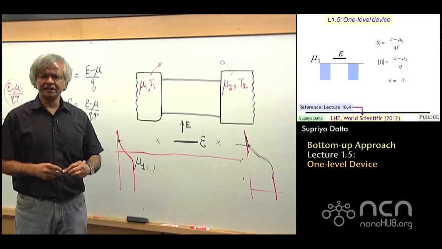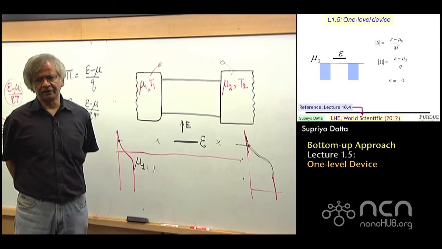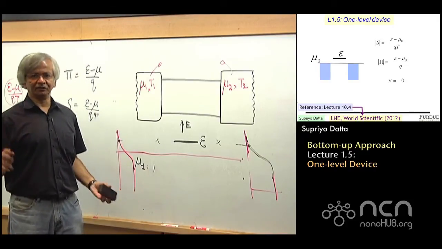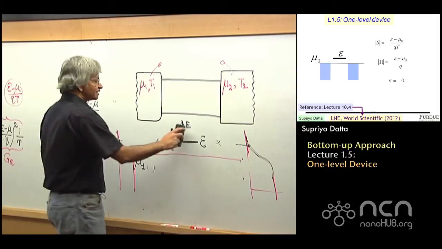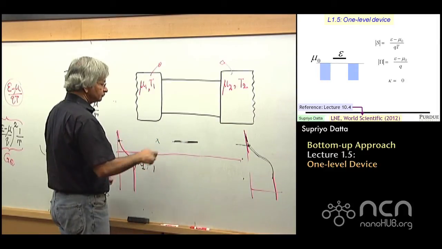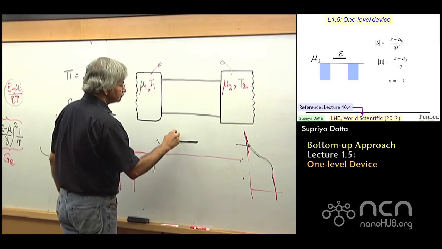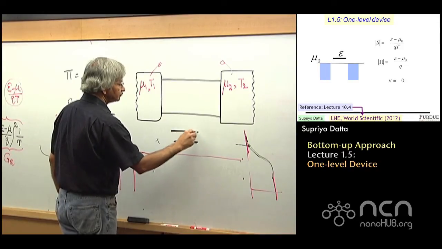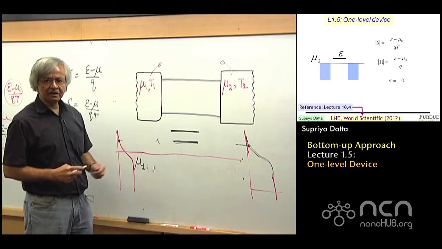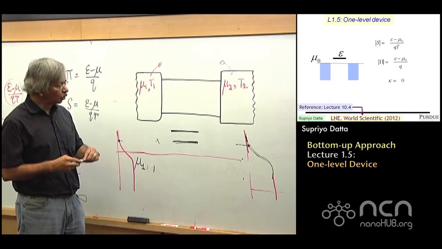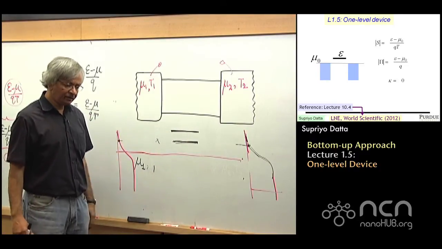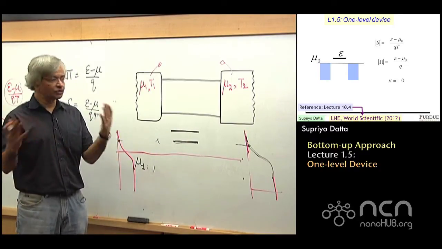So you say, well, but is that true just of a one level device or of anything? The answer is no. That is strictly true only for a one level device. Why is that? Well, it's something like this. Supposing you had two levels, and you have a temperature difference. Now the total current, if you looked at it carefully, is 0 since it's open circuited.